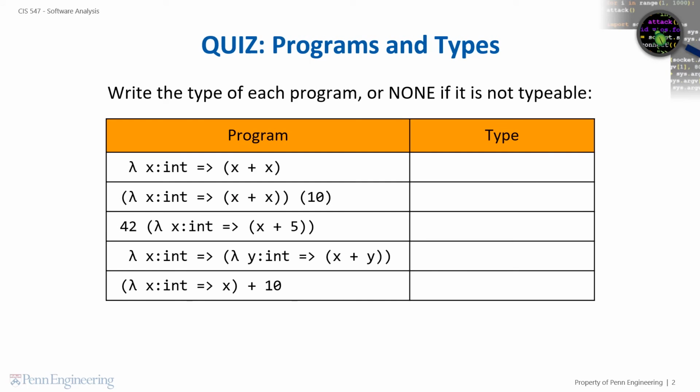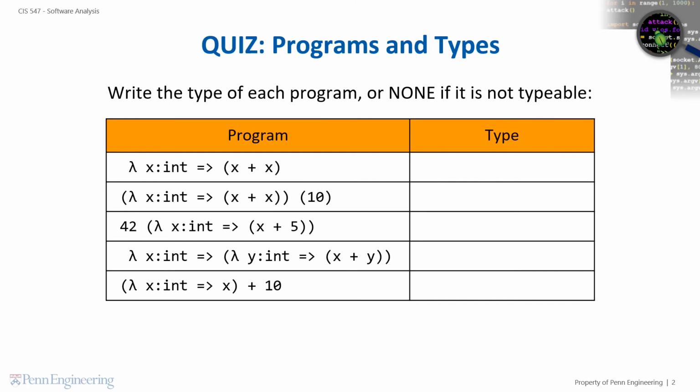The result of the second program is 20, which has the type int. The third program is not typeable as it violates a requirement of function calls, namely that the first expression in the pair must be a function, whereas here it is an integer 42.